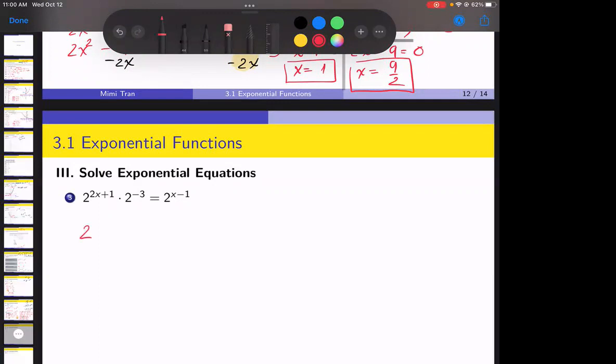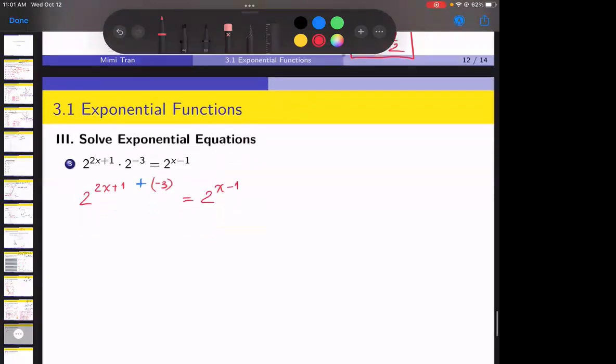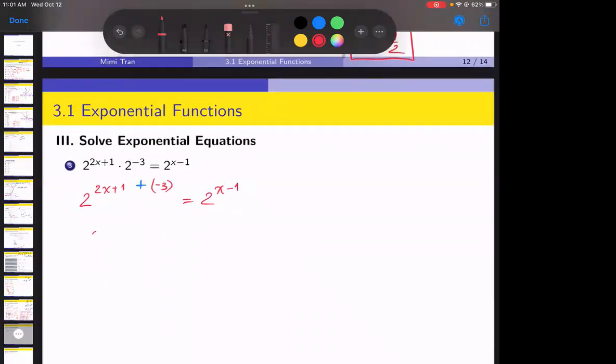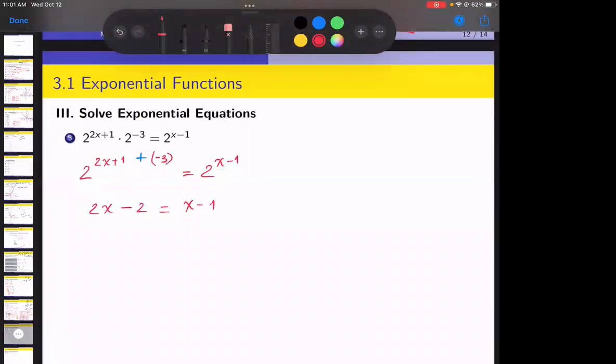So 2 to the x plus 1 plus negative 3 equals 2 to the x minus 1. Just rewrite the right-hand side. I can drop the base now. So x minus 2 equals x minus 1... You know how to solve for x. Subtract x from both sides. I'm going to do it in one shot.